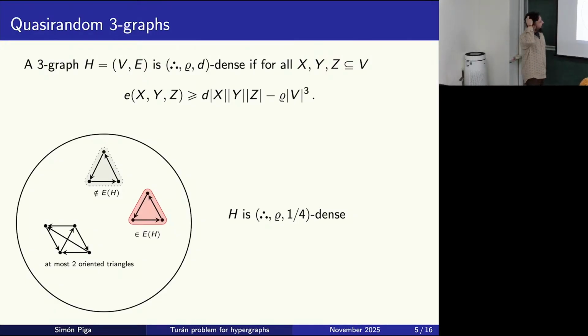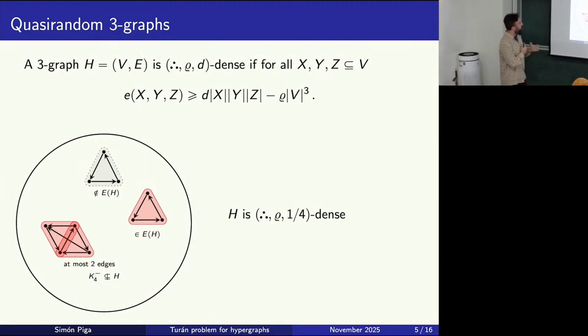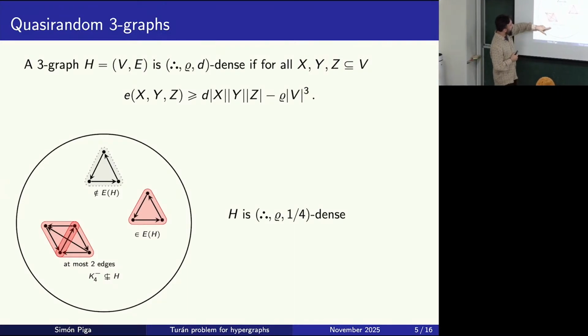But more interesting for our topic, if you take 4 vertices here, and you try to construct as many triangles as possible in this local game, you will always find at most 2 oriented triangles there. And I hope now the picture is fine. So again, every 4 vertices will contain at most 2 edges. And this hypergraph here, the K4 minus, which was the complete hypergraph on 4 vertices minus 1 edge, contains 3 edges.